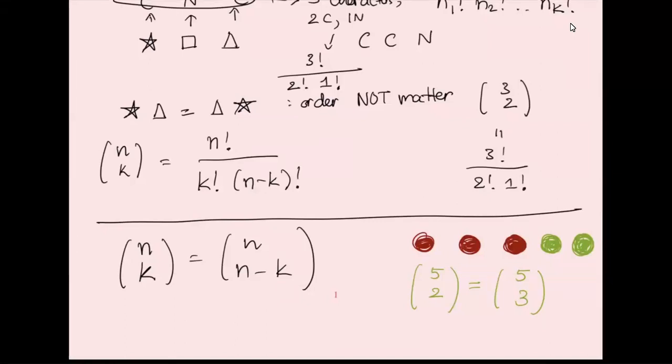So you can use the same argument. From this, you can generalize up to n balls. The number of ways to choose k balls out of n to give to your friend is the same as the number of ways to choose the remaining n minus k balls out of n to not give to your friend.